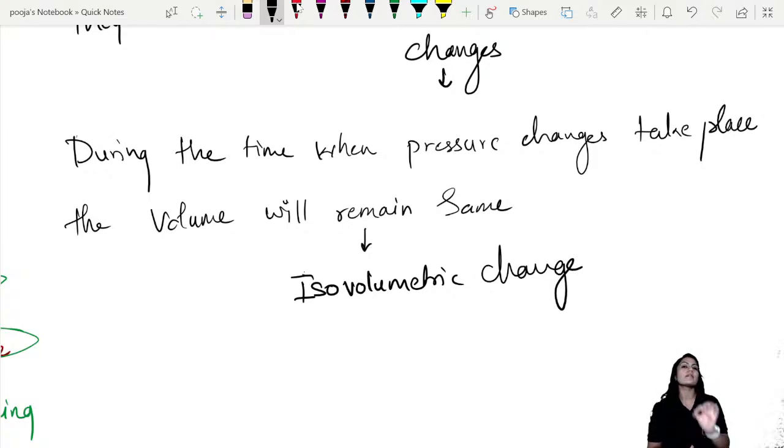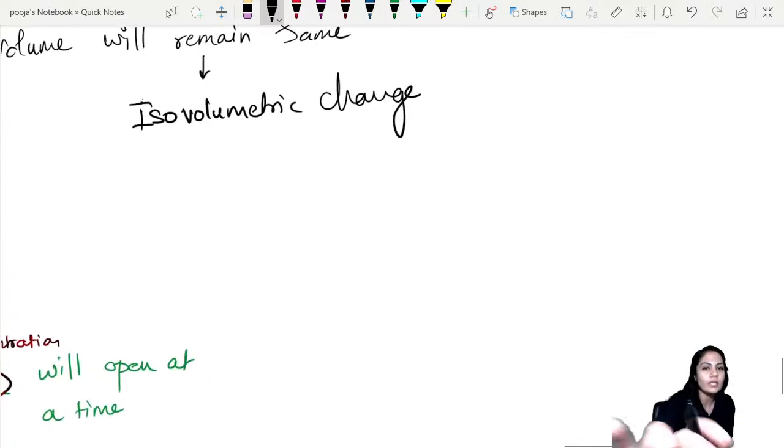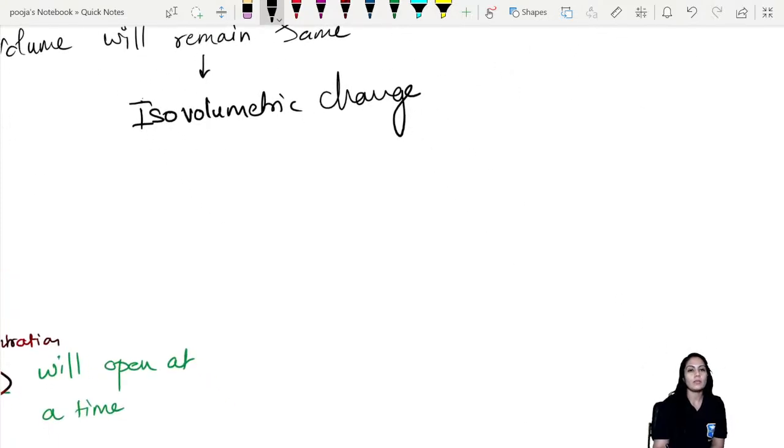Similar doors are present in the heart also, and we know they are known as valves. So if we talk about the ventricle, suppose this is the atria and this is the ventricle. Here we are going to have those valves.